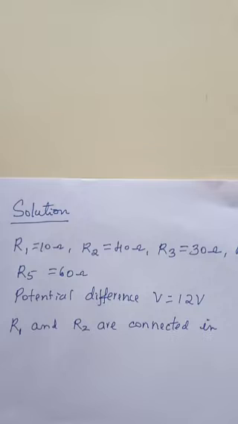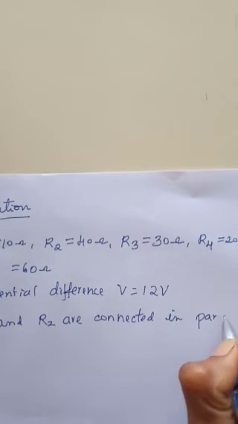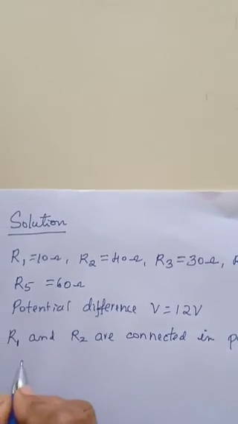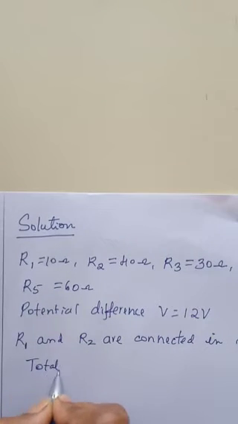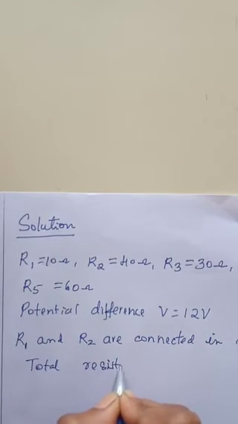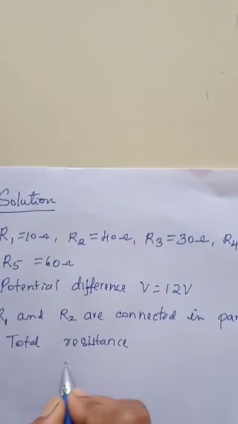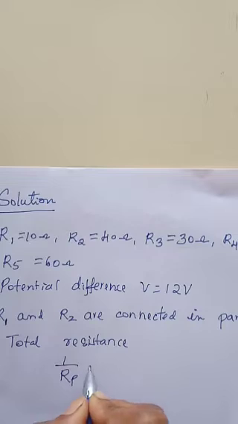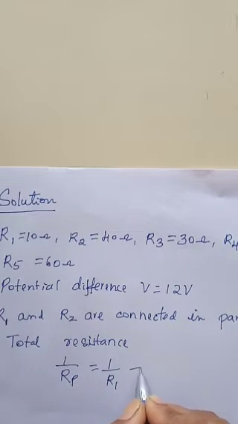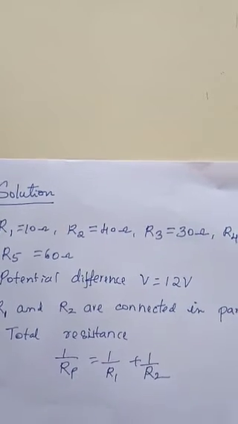R1 and R2 are connected in parallel. So find the total resistance. To find the total resistance, we have to use the formula 1 by Rp is equal to 1 by R1 plus 1 by R2.